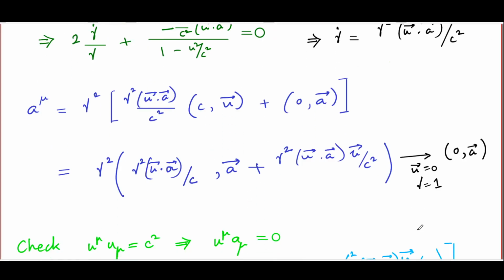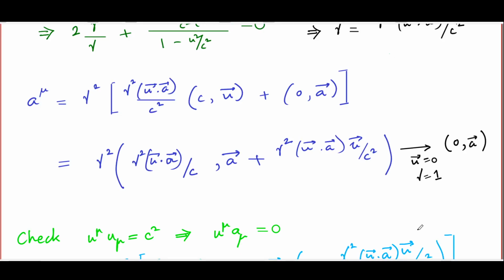Since the 4 velocity has a square u upper mu, u lower mu of c square, which is a constant, it immediately follows from differentiation that u mu a mu must be equal to 0. In other words, the acceleration 4 vector must be orthogonal to the velocity 4 vector. Let us just check whether that is true.